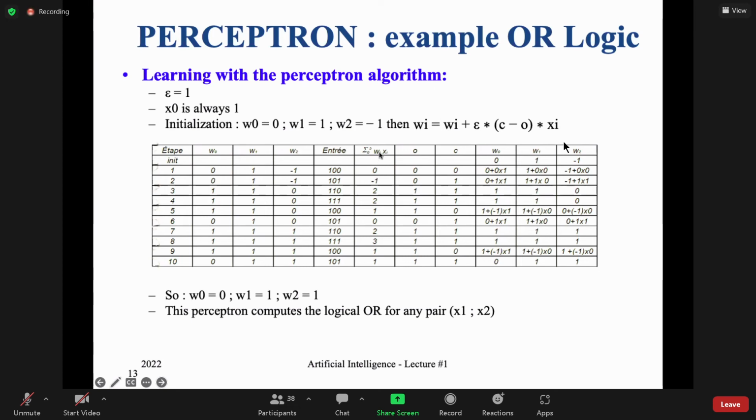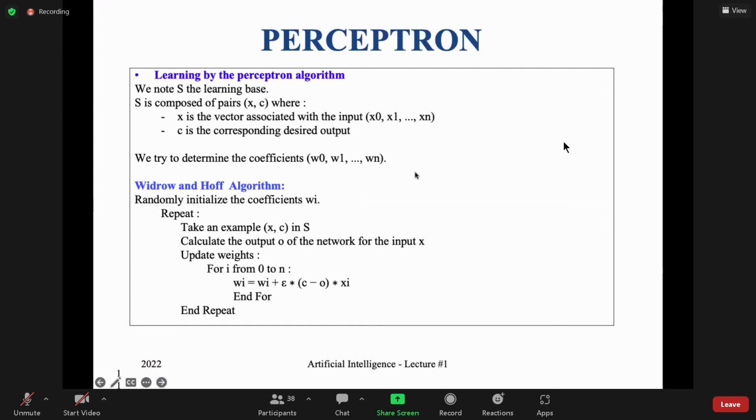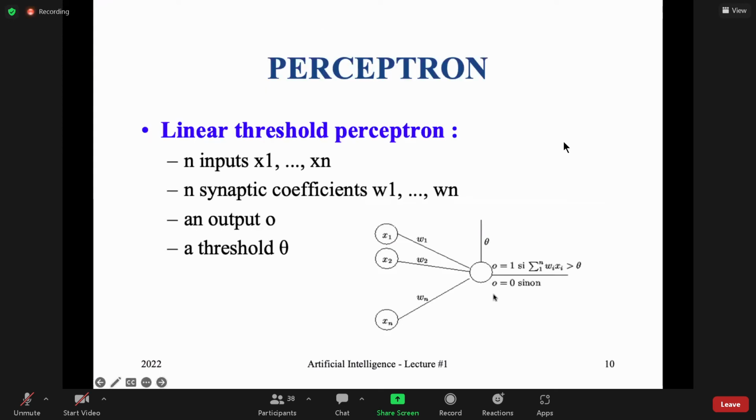So this operation will be 0, okay? The output is 1 if this value is above or equal to 0. So it will be, in fact, positive, okay? No, excuse me, it will be 0. So the observed value, which is in fact the output of the perceptron, which is here, will be 0, because we are equal to 0, okay?